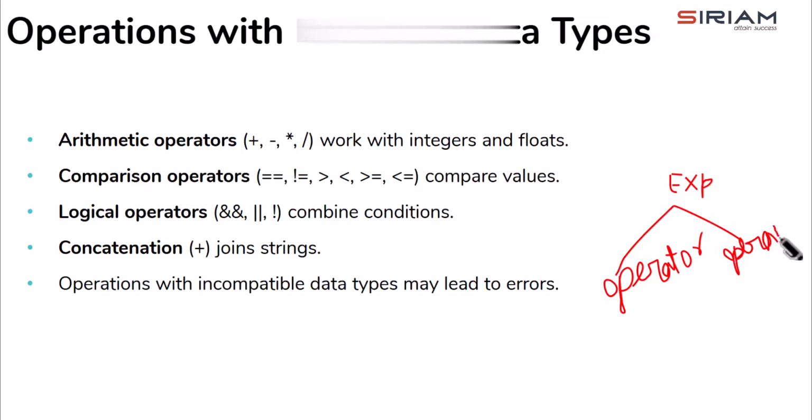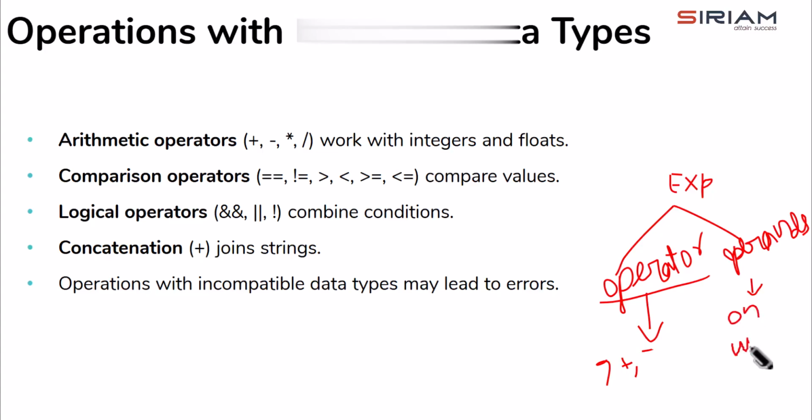So operator means what operation we are going to perform. Operation like summation, addition, subtraction. This is called the operator. And operands are the things on which you are going to perform the operation. And an expression is a combination of operand and operator.